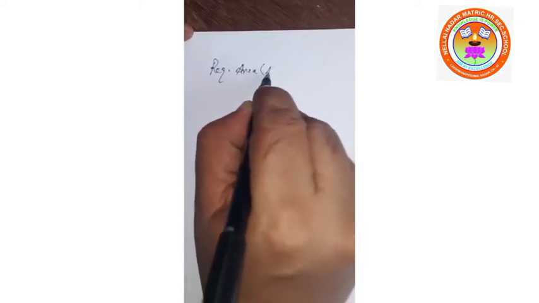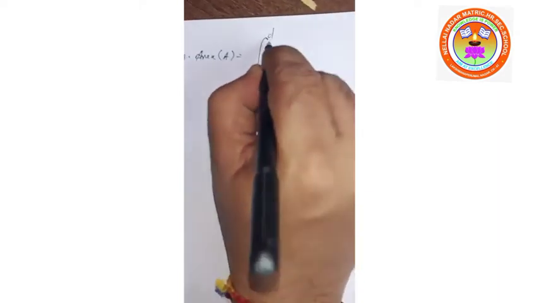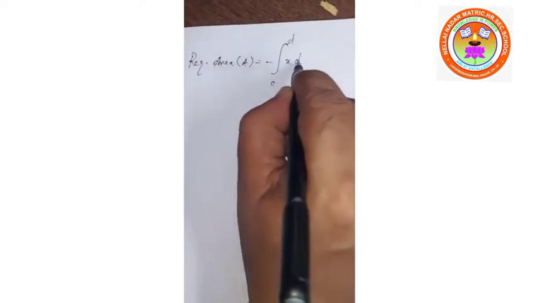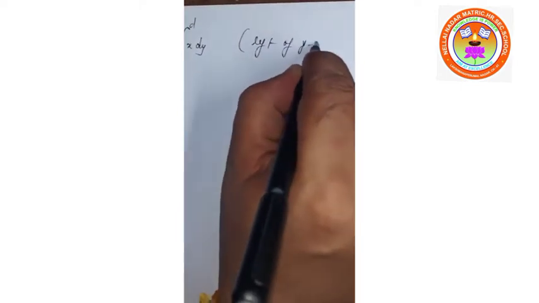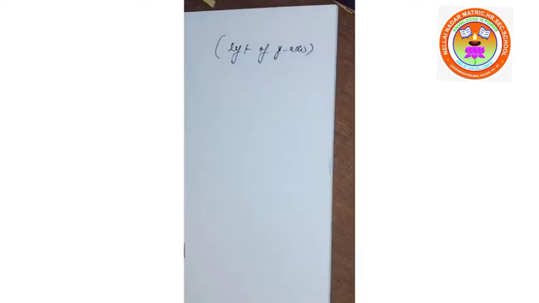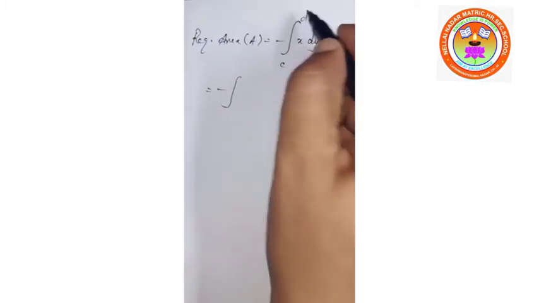Left of y axis. For left of y axis, required area formula: integral c to d of minus x dy, left of y axis, equals minus. c is the lower limit and d is the upper limit.